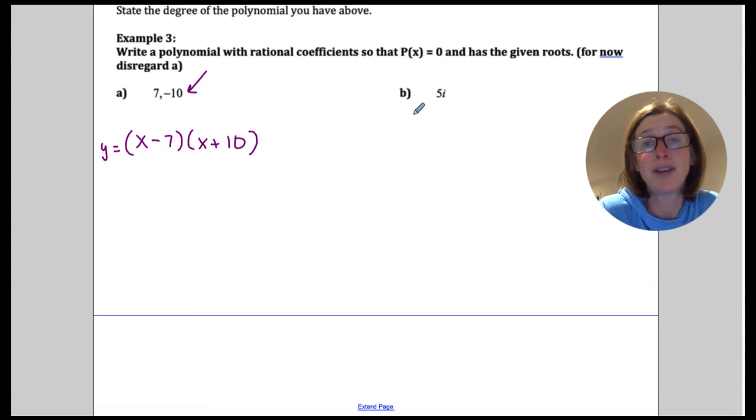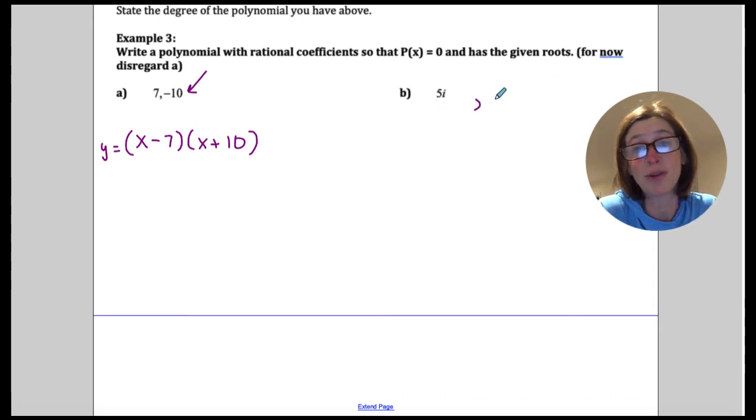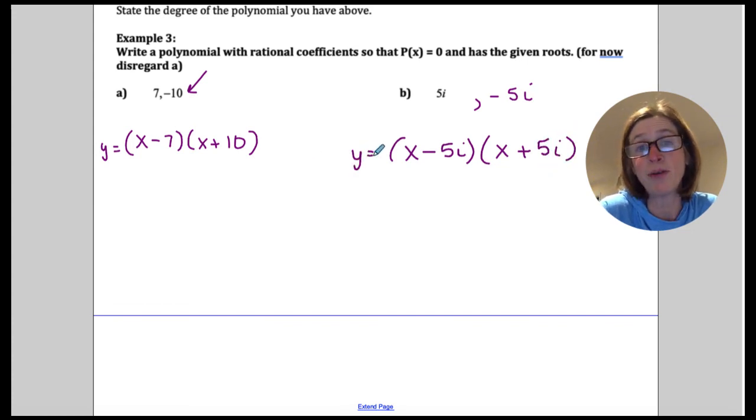All right, but if I know that 5i is a root, then I also know that negative 5i is a root. So I would write them as factors. So the first one would be x minus 5i, and the second one would be x minus negative 5i, which becomes x plus 5i. If I multiplied those out, remember, they're conjugates, so we don't have to FOIL or multiply the whole thing.